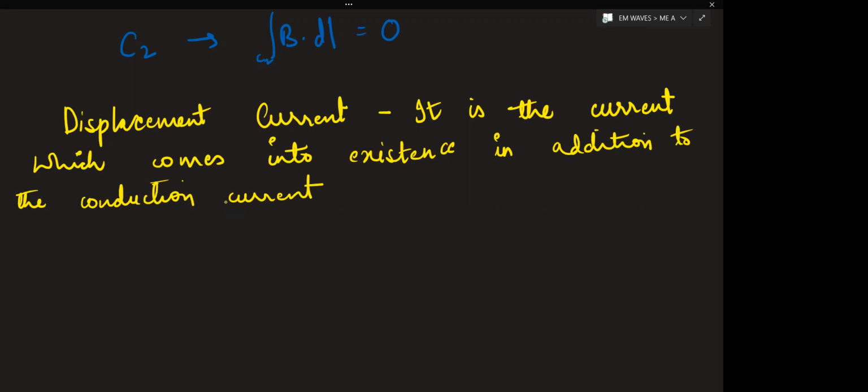But there is a condition, because any other current existing apart from the conduction current, we cannot call the displacement current. Why are we calling this current the displacement current?